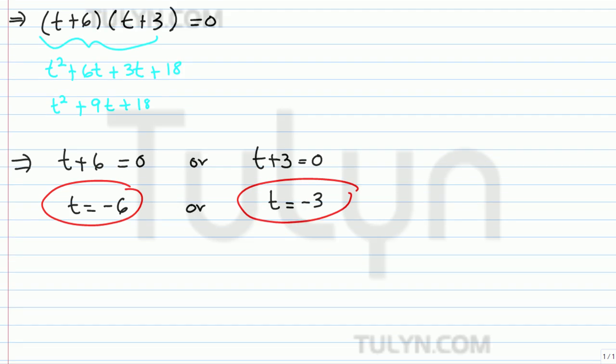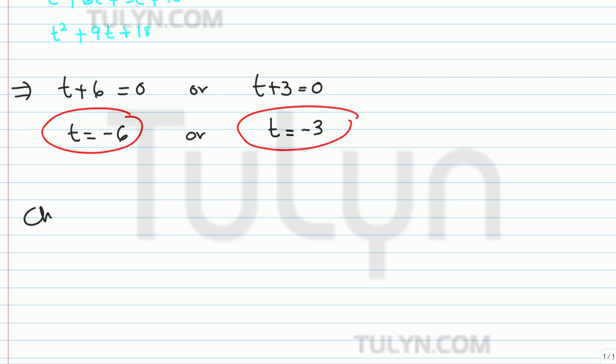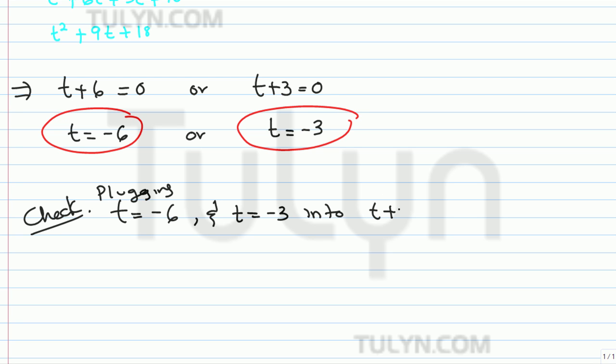So let's check to make sure that these 2 solutions work. And the way you do that is by plugging t equals -6 and t equals -3 into the original equation, which is t plus 5 is equal to the square root of t plus 7.